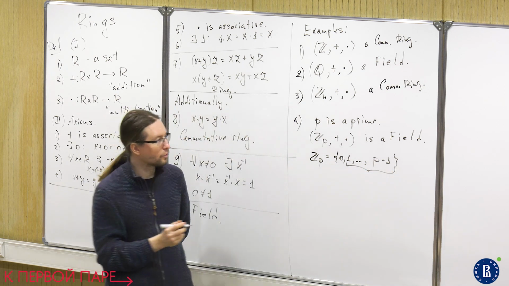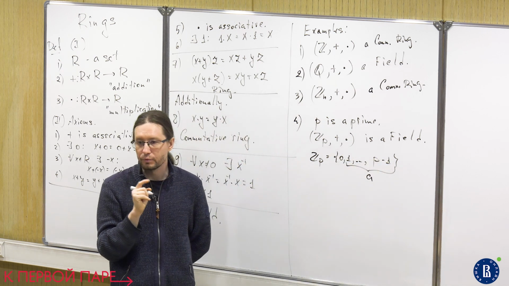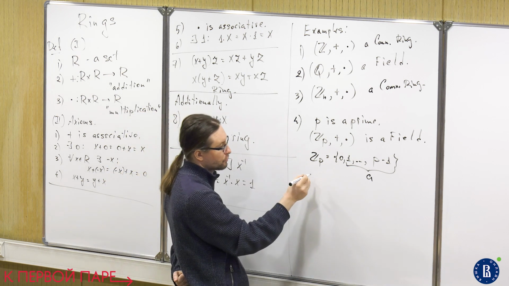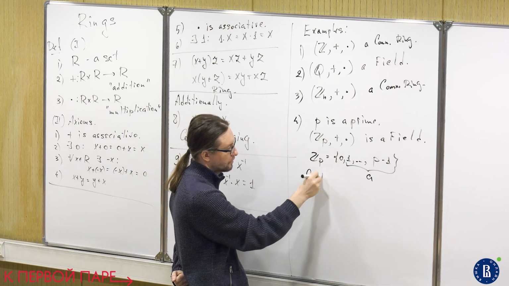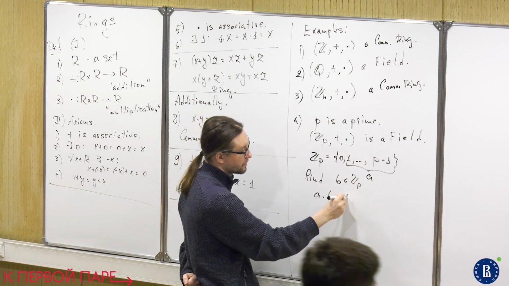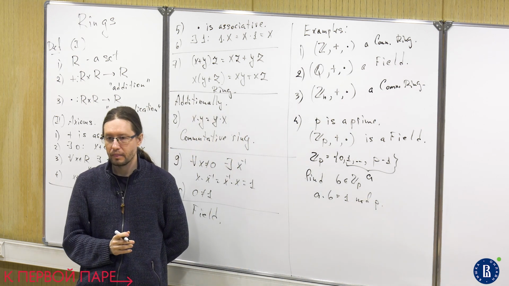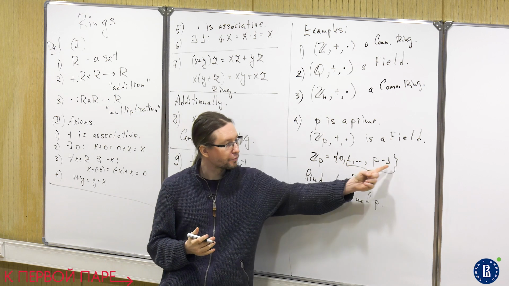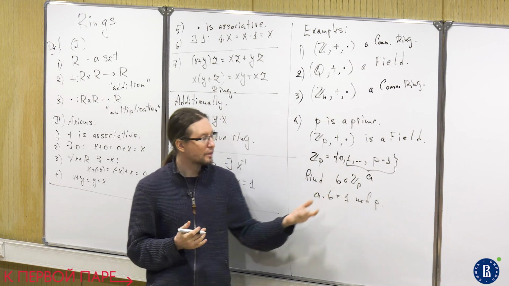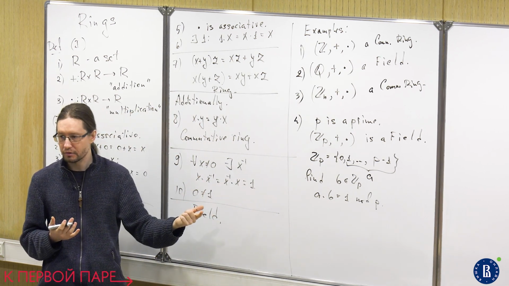So we have an element A from here, and we want to prove that this element A has an inverse. What does it mean? We want to find an element B from Zp such that A times B equals 1 modulo p. If we can find such an element B for any element, then B is by definition the inverse element with respect to multiplication.